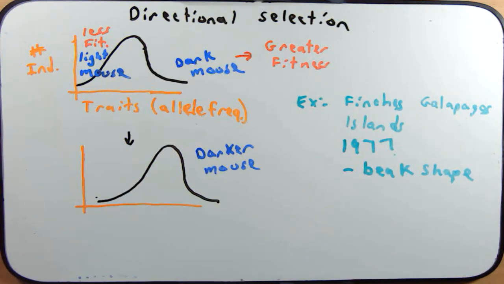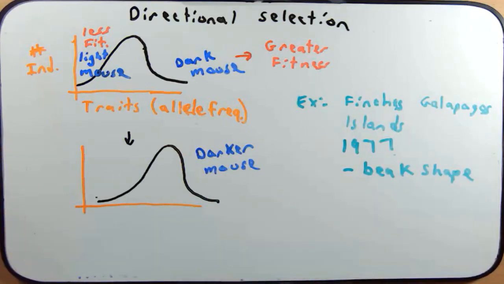Prior to that, a more narrow beak was sufficient to survive, but now a deeper beak made it possible for them to eat and get the nutrients they needed in order to survive. Then when they survived, they were able to reproduce more, and their progeny had deeper beaks. The poor old finch with a more narrow beak wasn't able to survive as well, and so wasn't able to pass on that trait to its progeny as well.